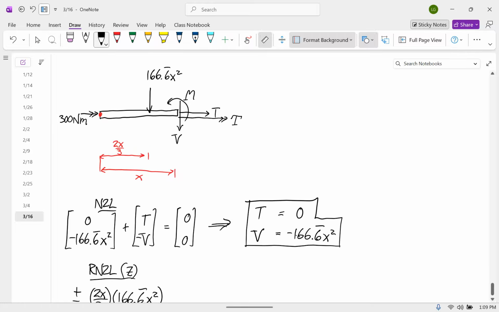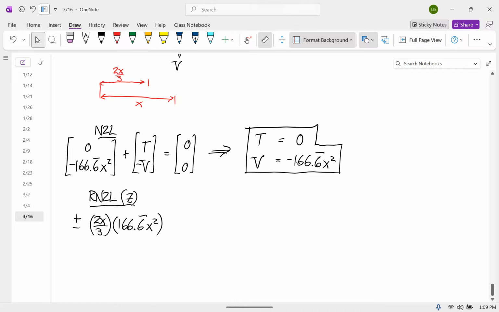Would that downward force make it rotate clockwise or counterclockwise around the red dot? Clockwise. Yep, the right end would dip down, so it would be rotating clockwise. So this is negative.